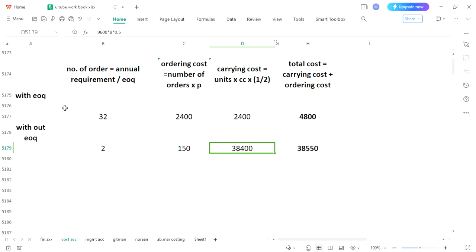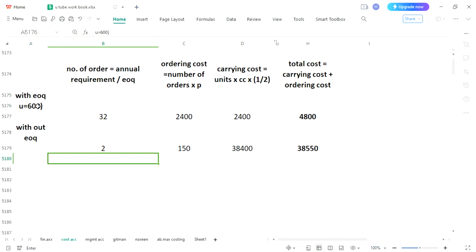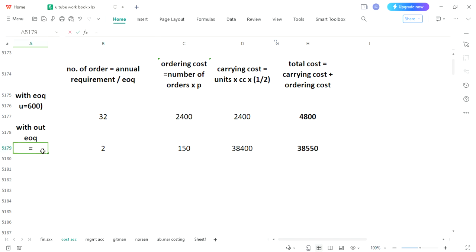Look here, with economic order quantity, your units were 600. And without economic order quantity, your number of units were 19,200.